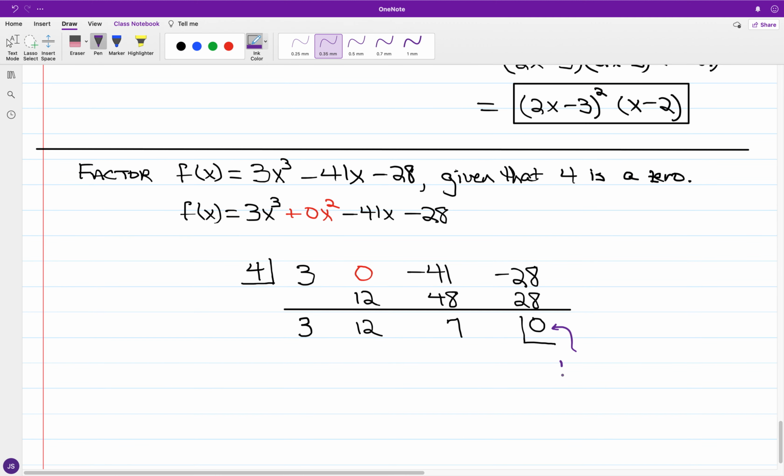So the remainder is equal to 0, and on the basis that the synthetic division is done correctly, this affirms that 4 is a 0.